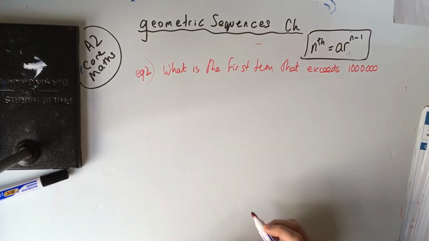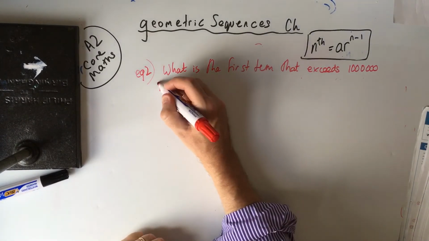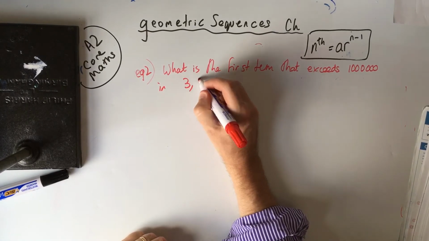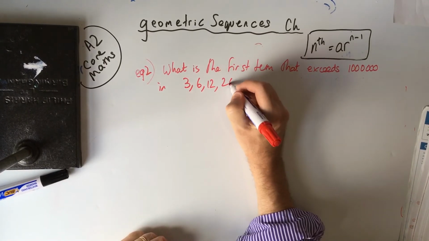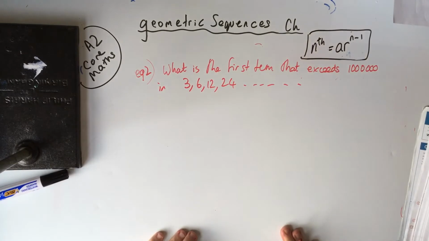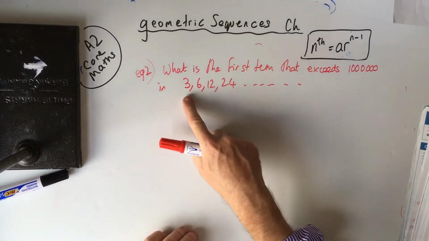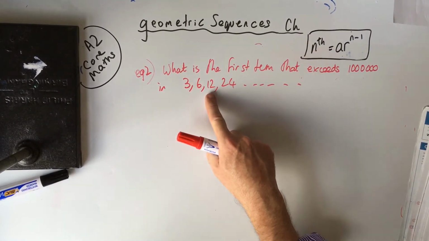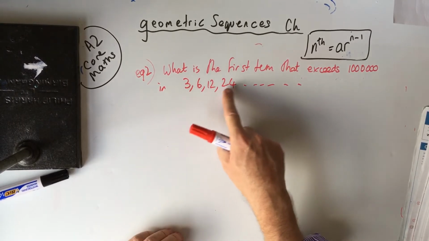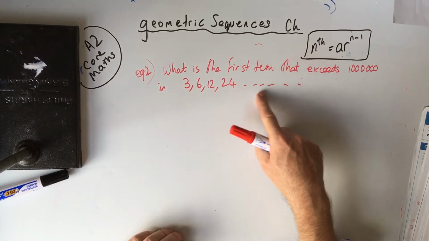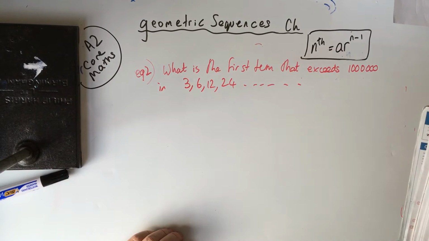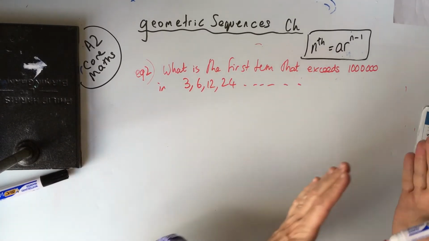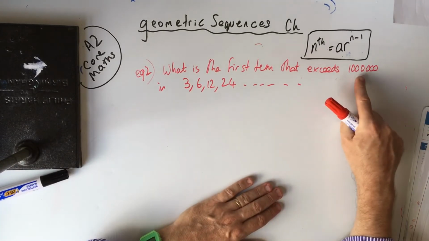So what is the first term that exceeds 1 million in this series? 3, 6, 12, 24, and so on. As we keep timesing by the common ratio, which is 2, we can see that the first term is 3, it goes 48, 96, and then it's going to get bigger and bigger and bigger. So what is the first term that exceeds 1 million?